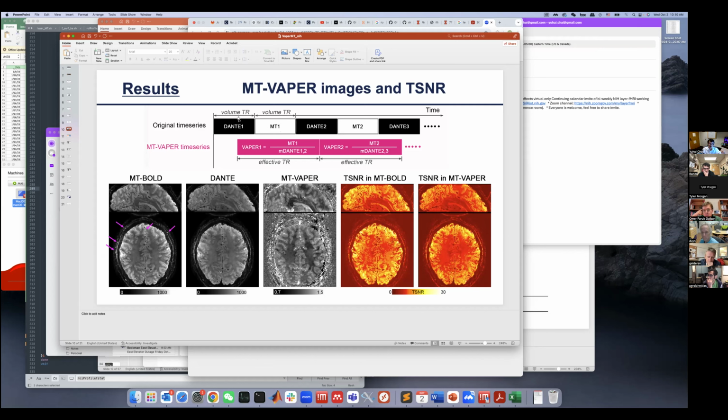So the Dante one will be 1 minus CBV multiplied by a T2 star term, and the MT one will be CBV plus some residual tissue. If the tissue can be fully suppressed, it will be simple: CBV multiplied by your bold term. But there will be some residual tissue term, also multiplied by your T2 star term.